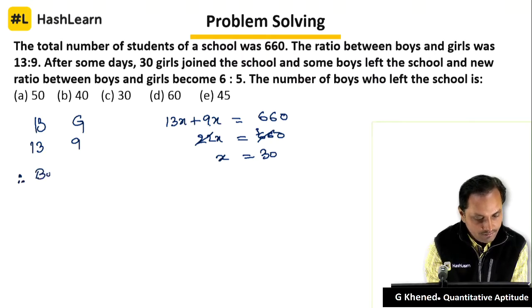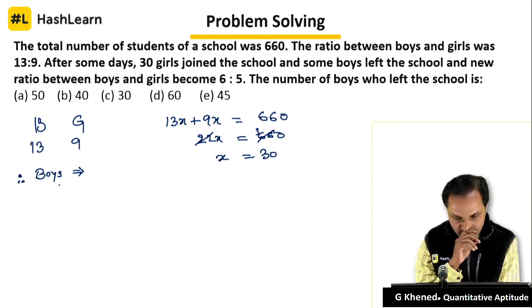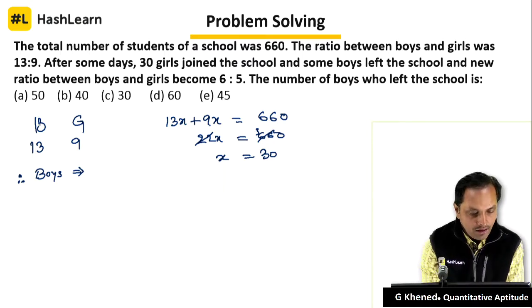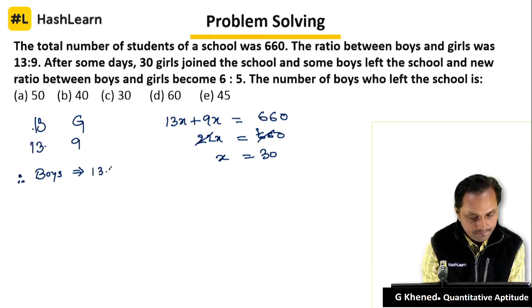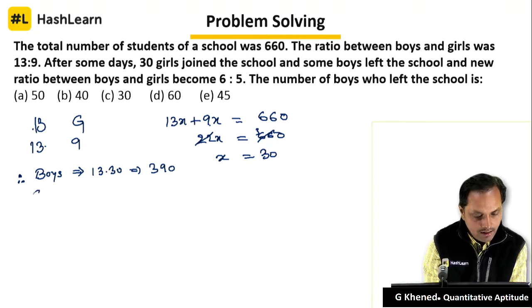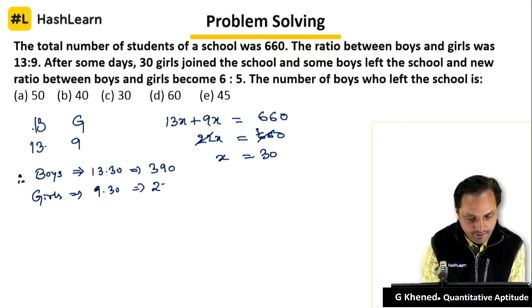Therefore, how many boys were there? 13x, 13 into 30, and girls is 9 into 30, 9 3s are 27.